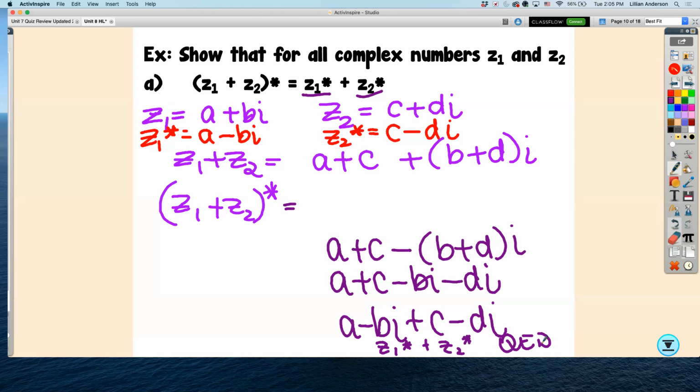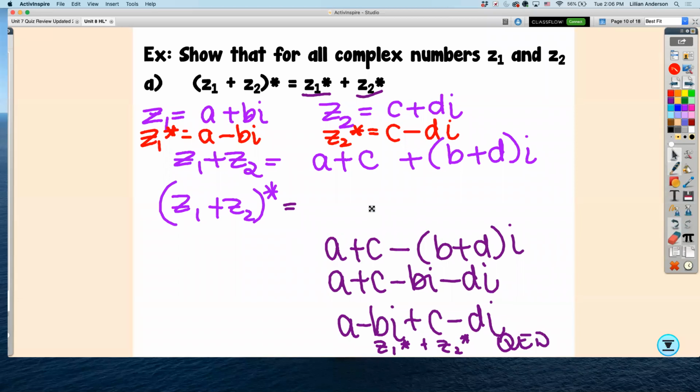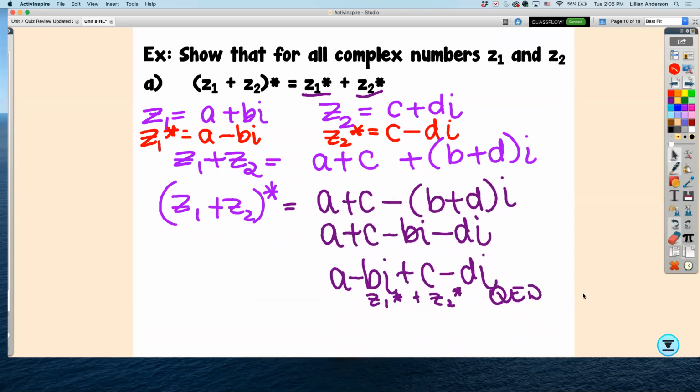Questions on some of the basics, complex numbers? Okay, so all three are three different equations, aren't they? Where did they come from again?